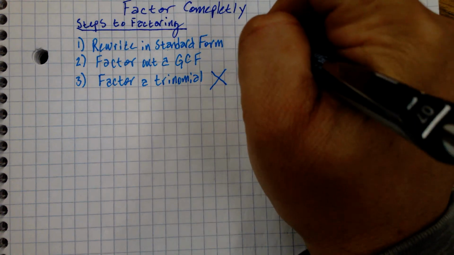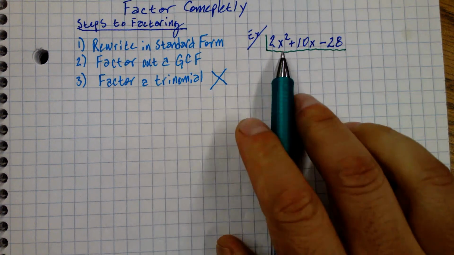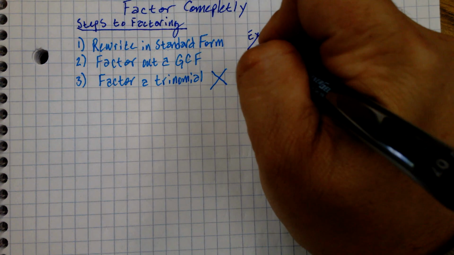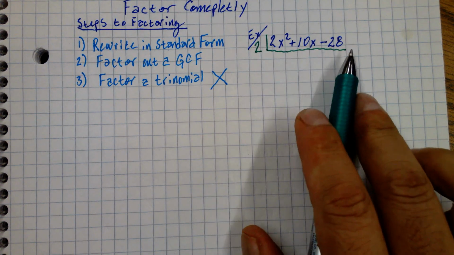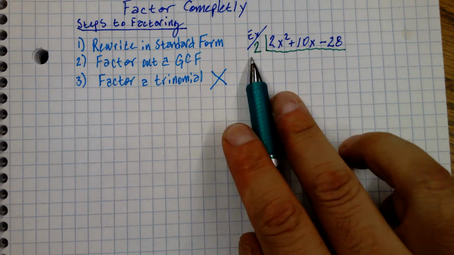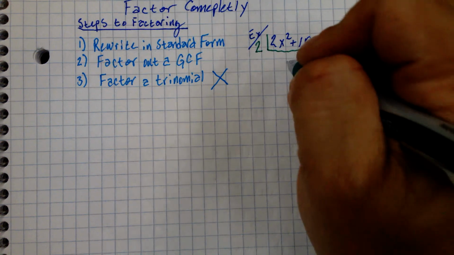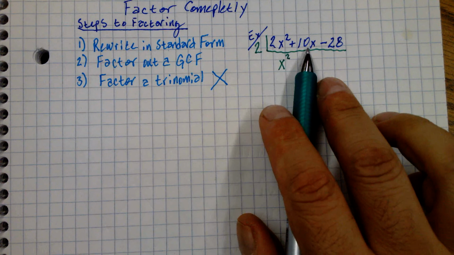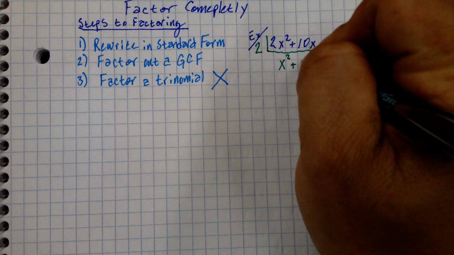So I can factor out just a 2, not an x, because this last term doesn't have any x's. So let's divide out 2 from all of these. 2 divides out of 2x squared, what do we get? x squared. We got positive 10x, divide out 2, we get positive 5x.